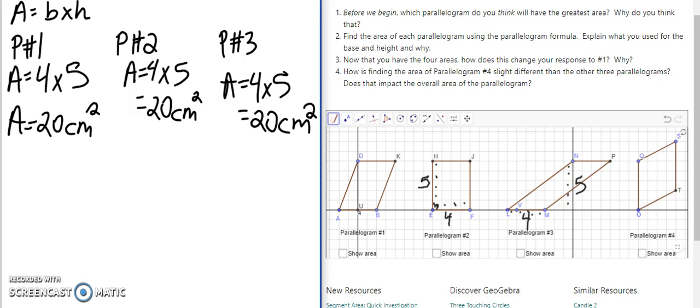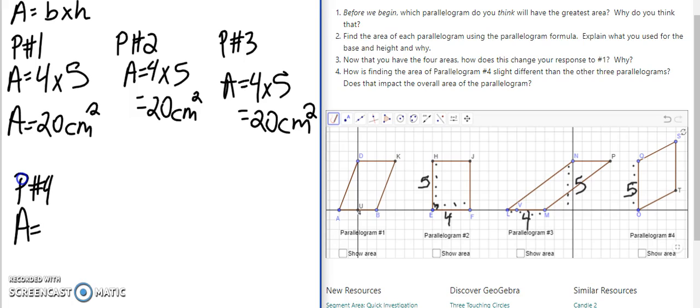Well, then let's get to this last one. It's got to be different, right? Here, if I look, it's actually easier to make my base be the left or the right side, the QO or ST, because of being able to count the boxes. So I'm going to say my base, 1, 2, 3, 4, 5, I'm going to make it OQ. So here we go, parallelogram number 4.